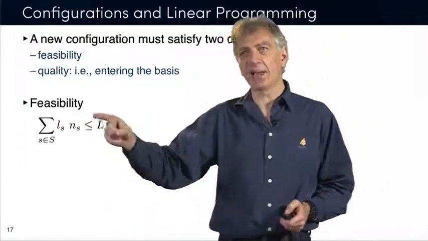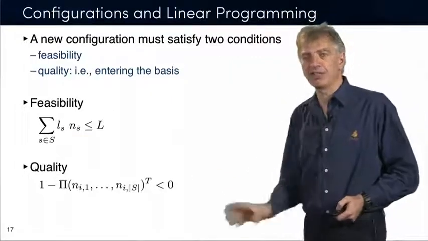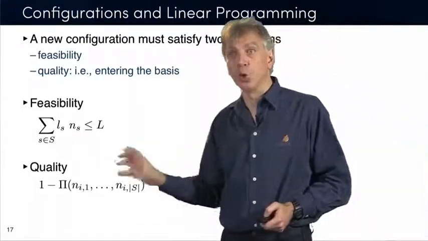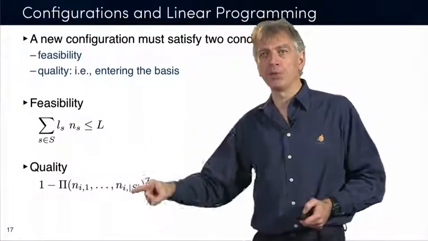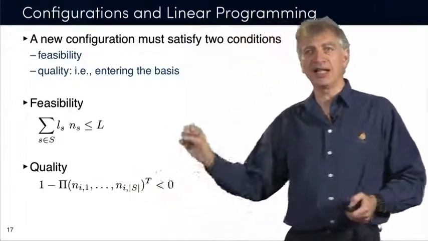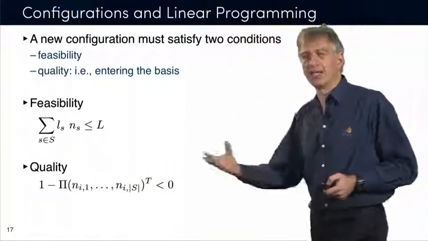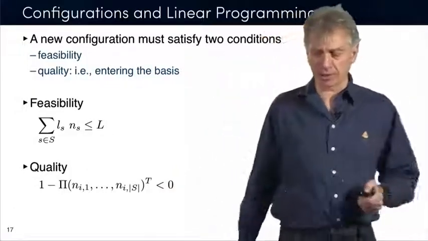This ns times ls, when you sum them, has to be smaller than the big board. And then I have this quality criteria, which says, this ns that I'm looking for, when I use the dual variables, when I compute a reduced cost, this reduced cost has to be negative, and therefore this particular configuration is going to enter the basis, which means we're going to select that configuration.